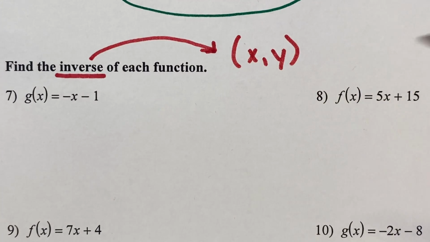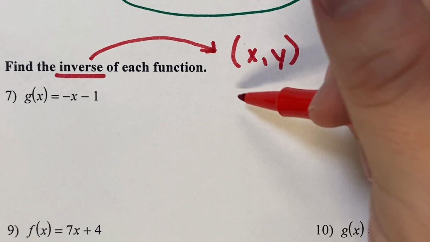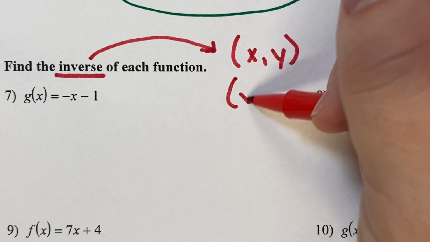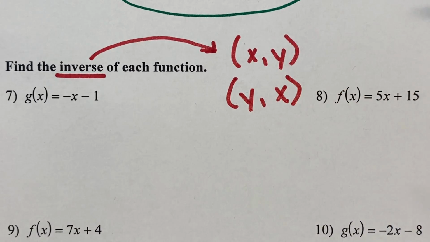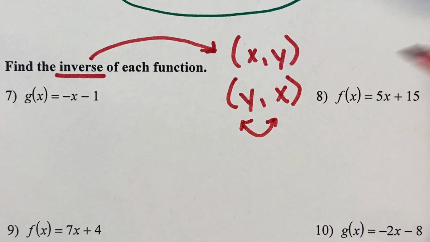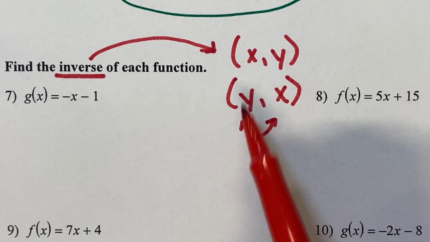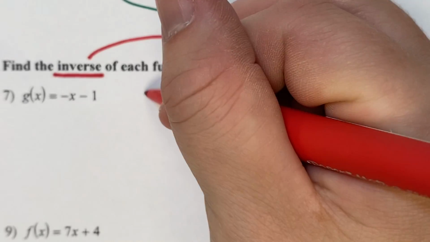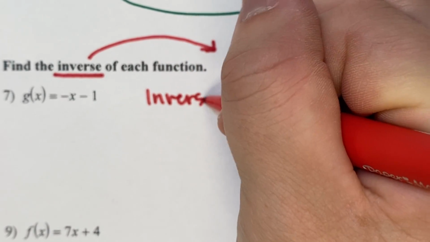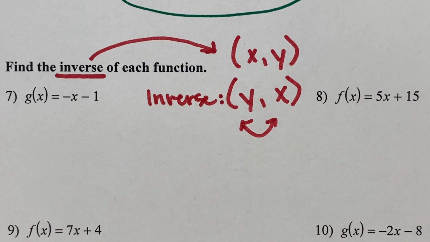That's how our coordinate points are written. With an inverse, they switch. So the inverse step is to switch the x's to y's and the y's to x's. This is our inverse step right there, to just switch those guys.